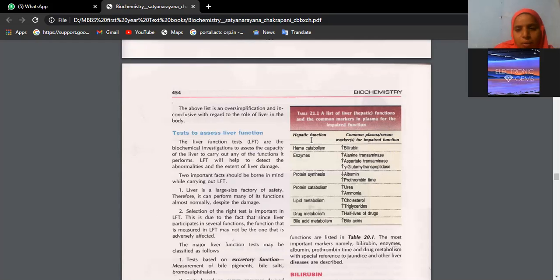Or it can be the other way around. Maybe the liver is functioning normally, but there is excessive heme catabolism, more than what is normal. If more RBCs are being broken down than the normal metabolic process, then also you will see more erythrocytes being destroyed, as in hemolytic jaundice, as you said.